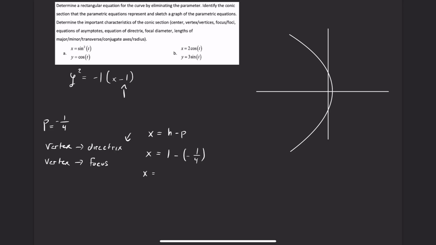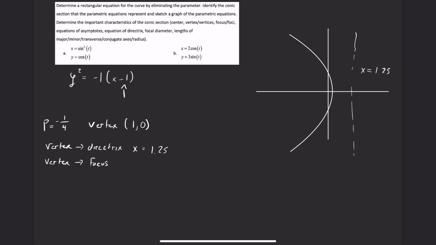And we'll get x is equal to 1.25. So our directrix will be at x equals 1.25. So I forgot to state our vertex. Our vertex is at 1, 0, because, like I said, we have a 1 here, and you just flip the sign, and we have no term here, so that is 0. Okay, so our vertex is right here. That is our vertex.